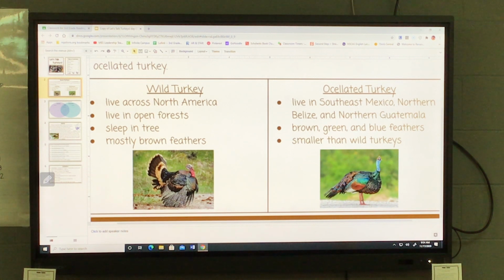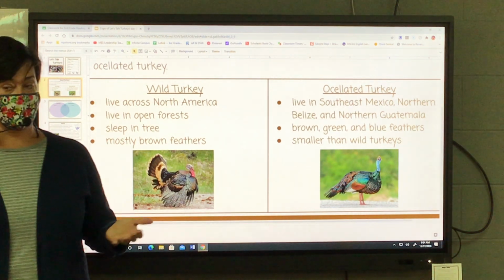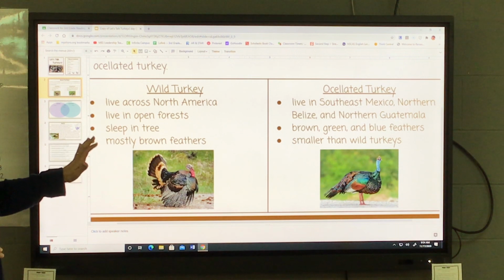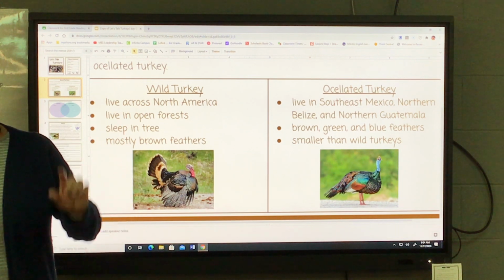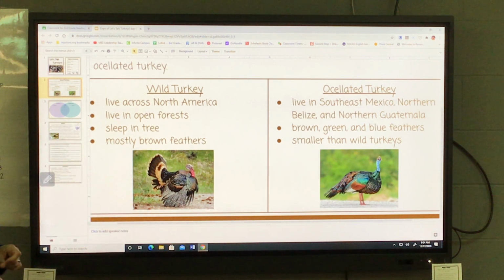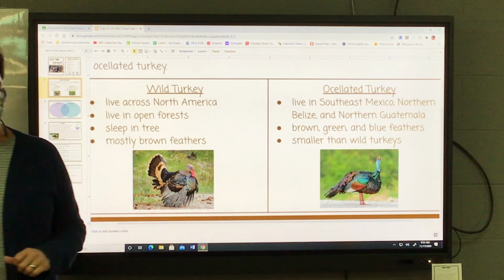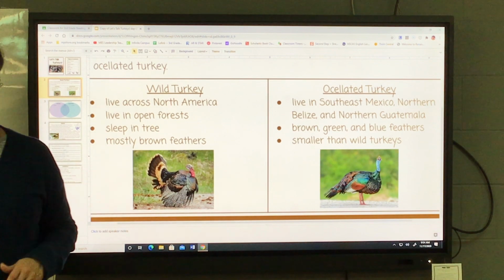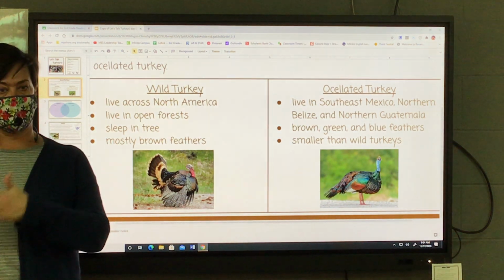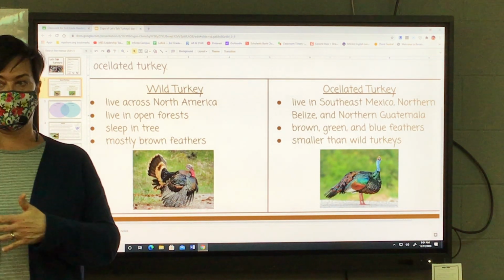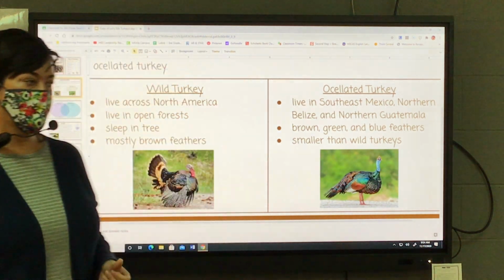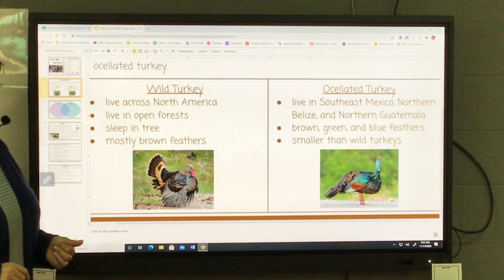They sleep in trees. Sleep in trees, exactly. What else is different about the wild turkey? Haley? They're mostly brown. Mostly brown feathers. Any other differences that would only go on the wild turkey side? Natalia? They live in open forests. Live in open forests. Okay.